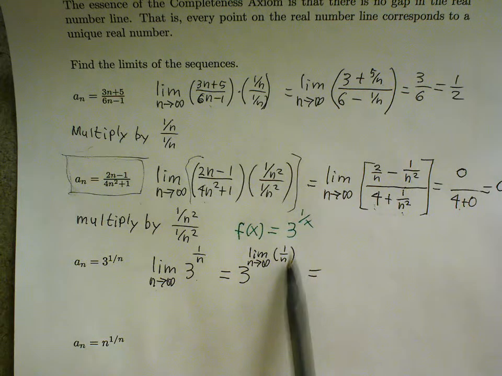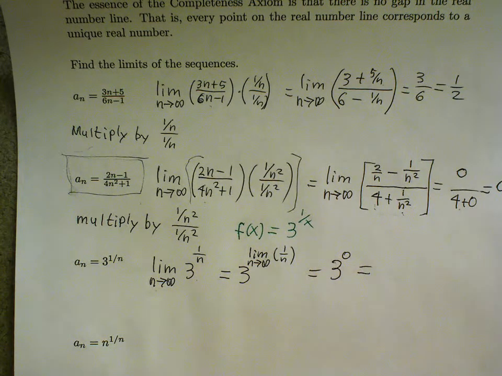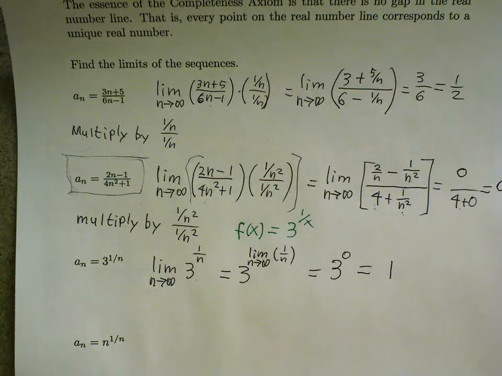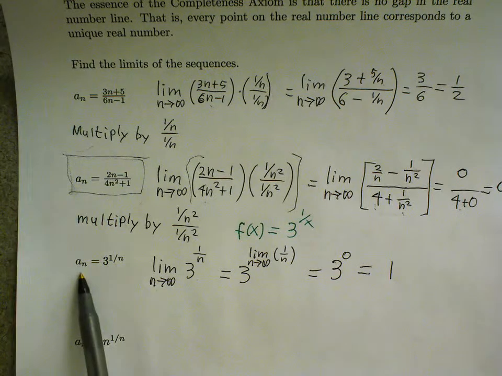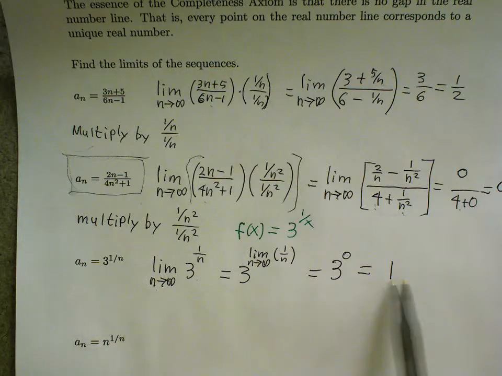And the limit of 1 over n as n approaches infinity is 0, so we get 3 to the 0, and 3 to the 0 is 1. Okay, so this sequence, the terms 3 to the 1 over n, those terms converge to 1.